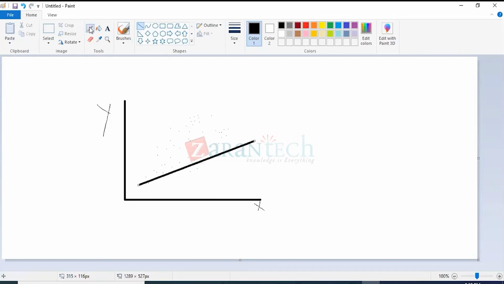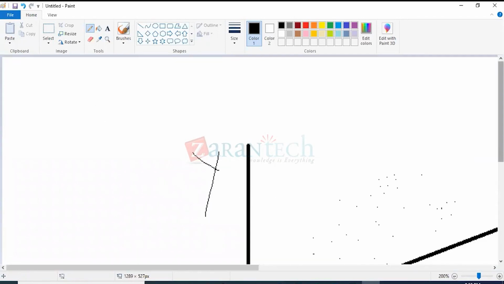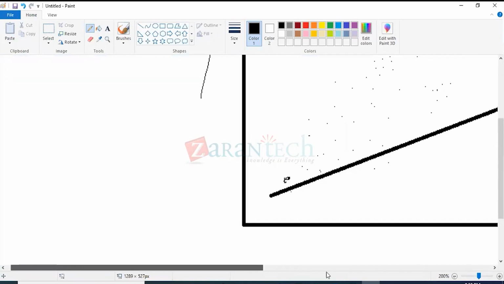So what it will do is calculate the distance, or you can say the residuals. What is a residual here? This is my actual point. Let me zoom in.